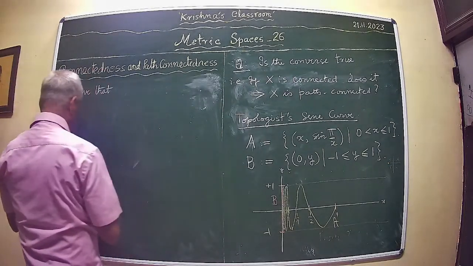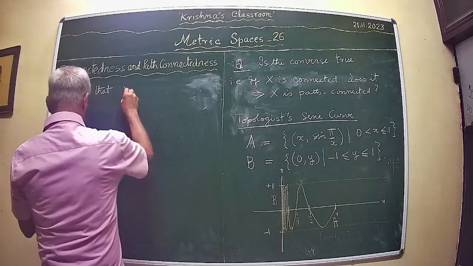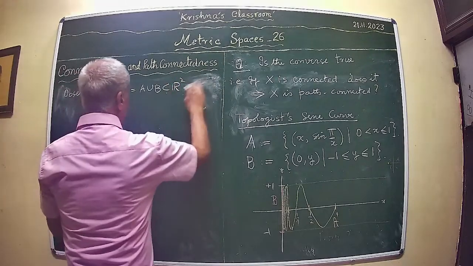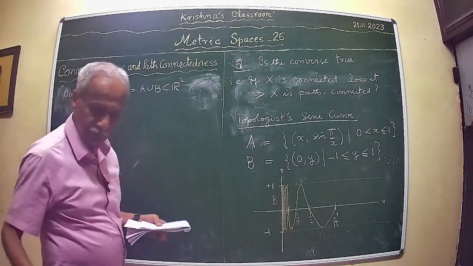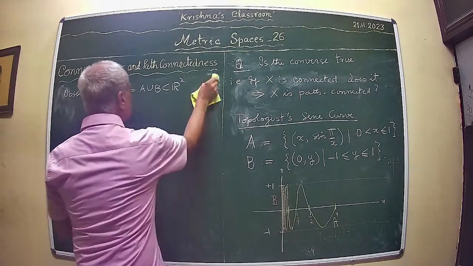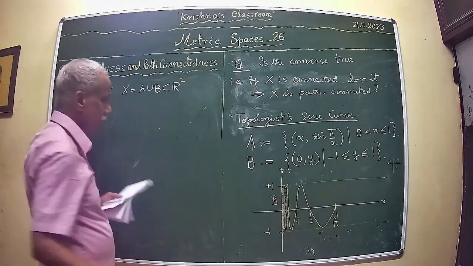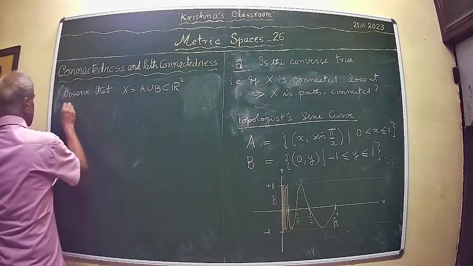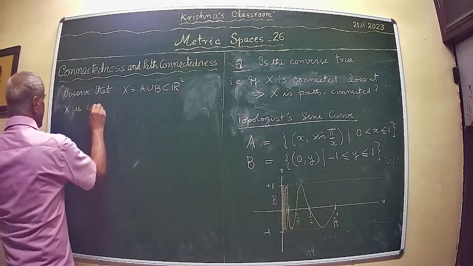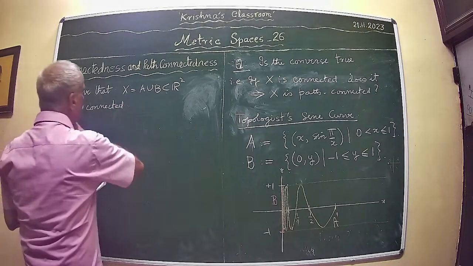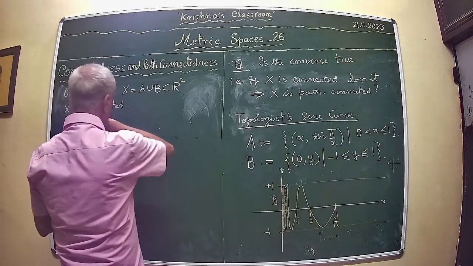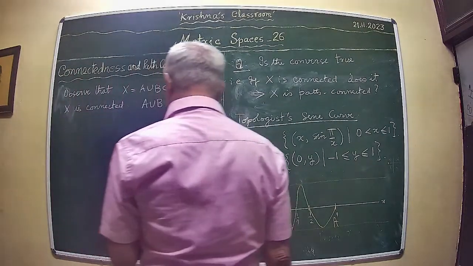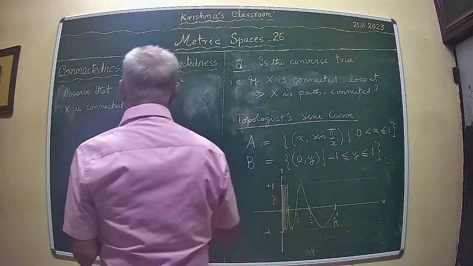And you see that X is connected, because A union B is equal to A closure.